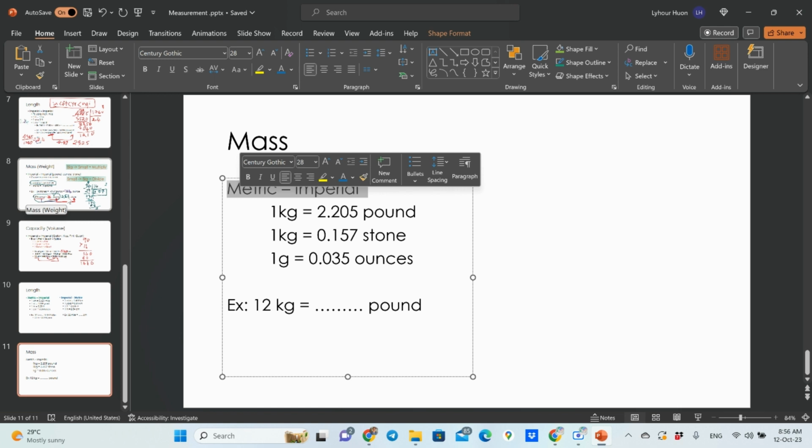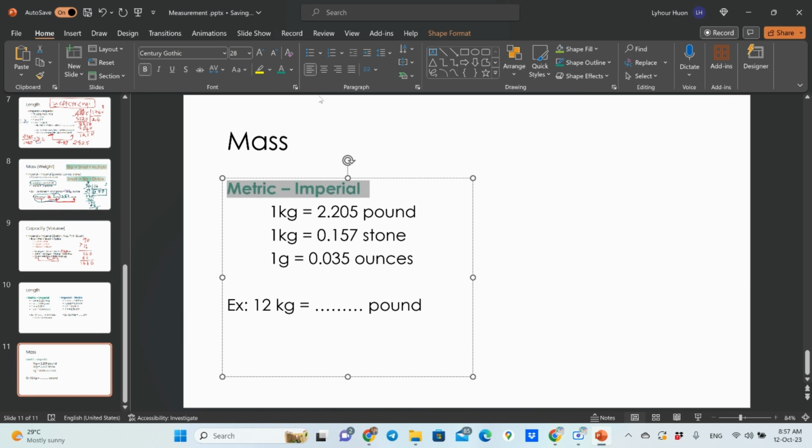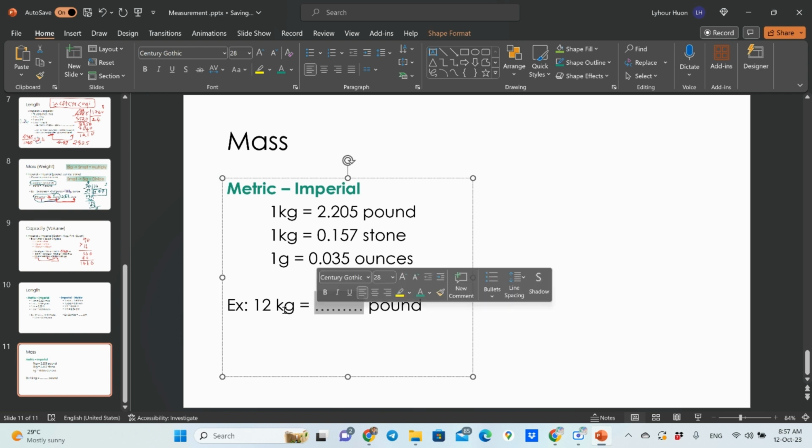It's not very critical, but somehow it may take time. But here I will give you both from metric to imperial, so you always multiply. It makes things a little bit easier. So to convert 12 kilograms to pounds, we multiply 12 by 2.205.